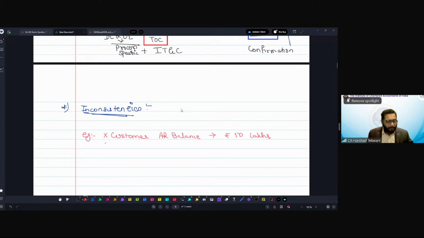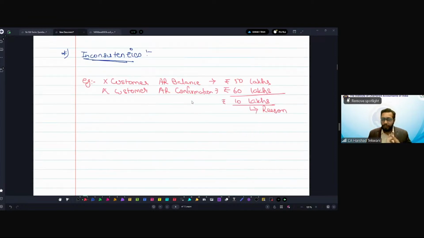Again, customer X, AR confirmation, rupees 60 lakhs. Now, this 10 lakh rupees difference. First of all, I will try to identify the reason for the difference.